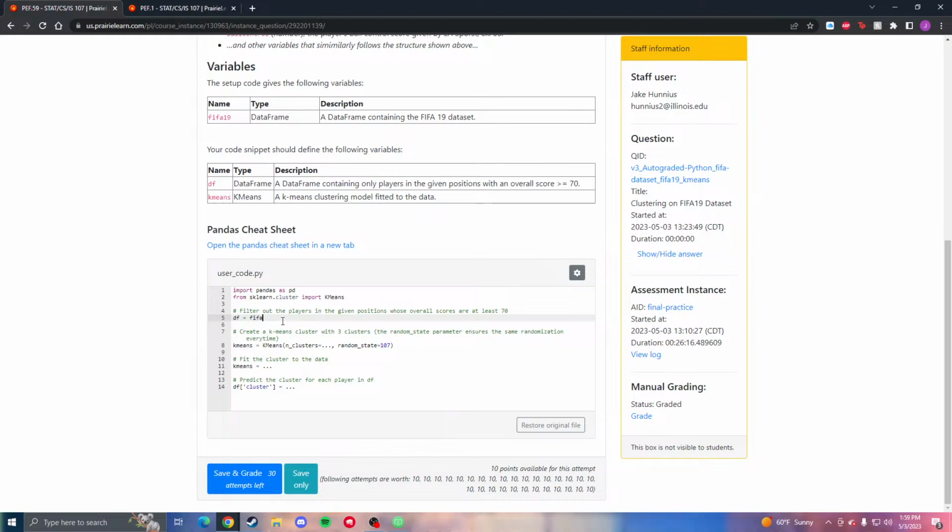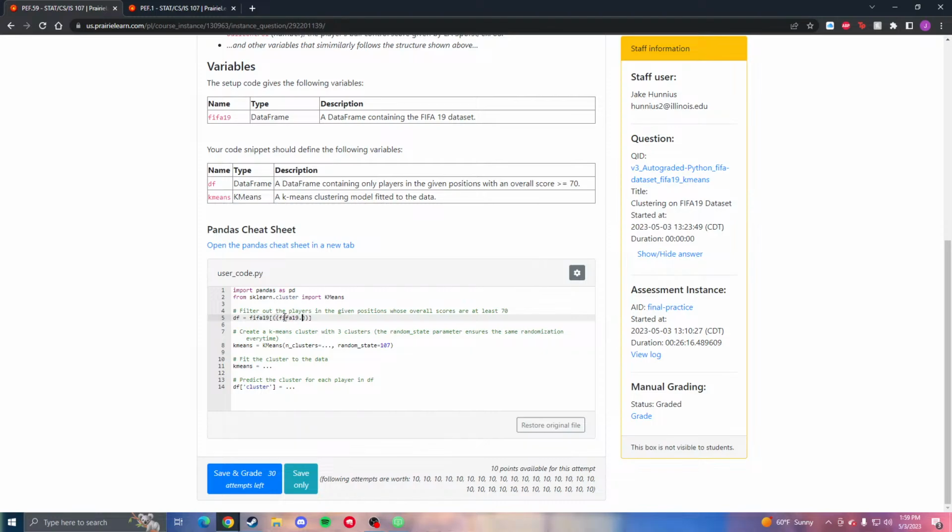So FIFA 19, I think is the name of the data frame.